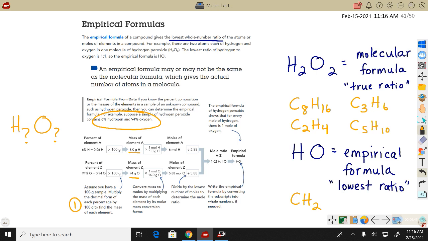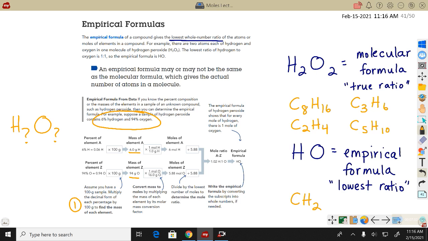So I want to get those grams into a unit that would represent a number of particles. The ratio in a formula is not a ratio of grams. When hydrogen peroxide is listed as H2O2, it doesn't mean that there's 2 grams of hydrogen and 2 grams of oxygen. Those little subscript 2's are a ratio of atoms. How many atoms of hydrogen?